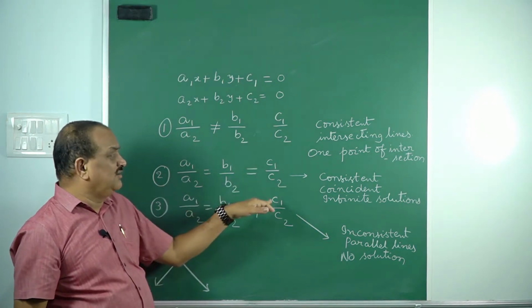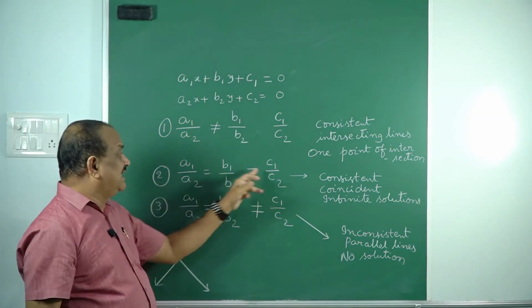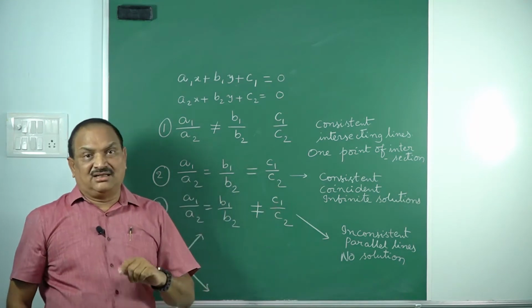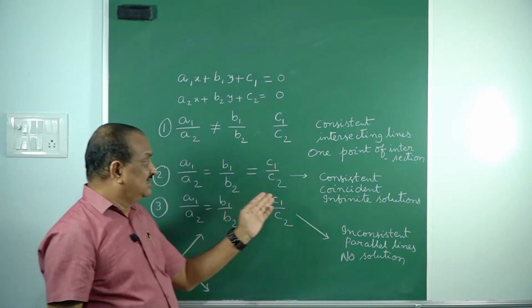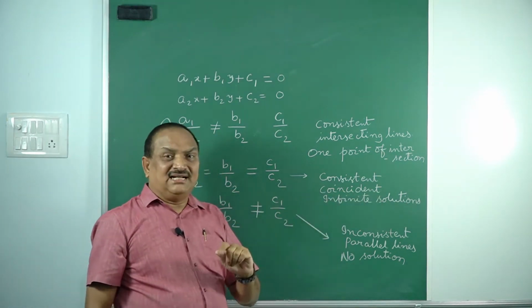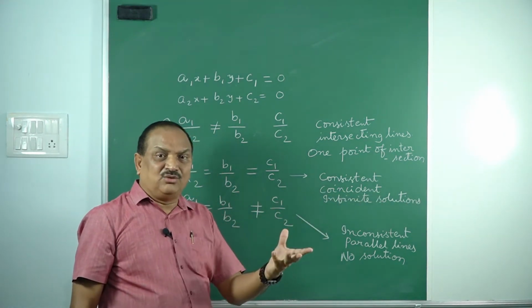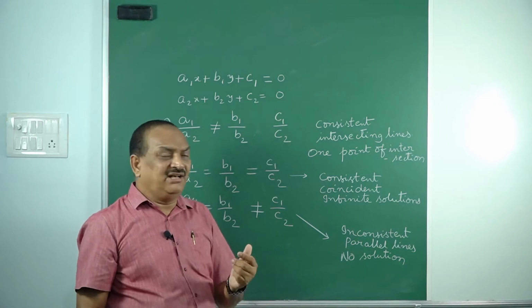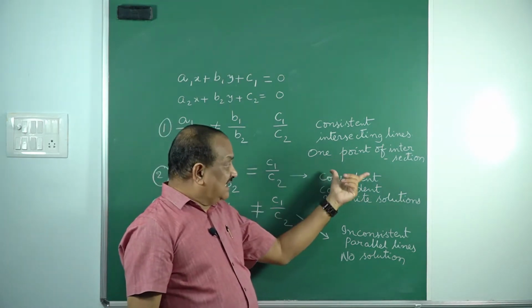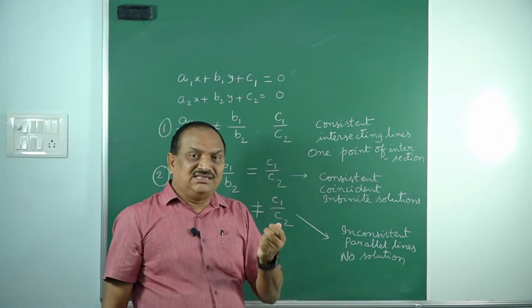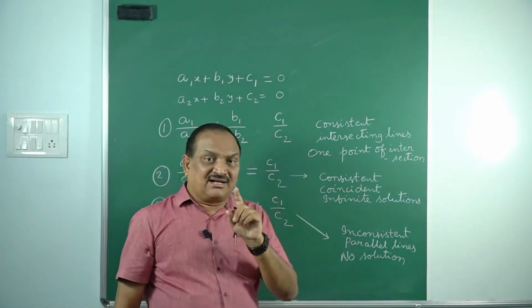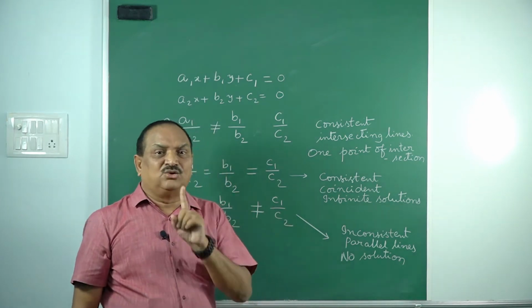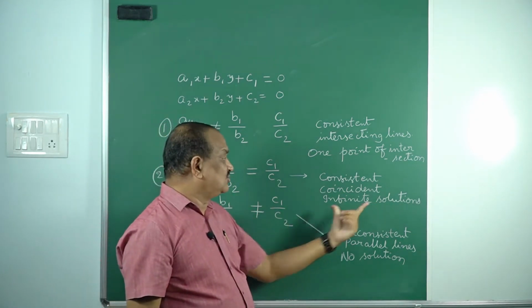If it is also equal to C1 on C2, you are making two statements, but the two statements are not different, it is only one. It means the lines are coincident, there is only one line, you are calling it by two different names, two different equations you have given. Consistent, because there is no change in what you said. But remember, as the lines are not two different lines, it is only one line, you get infinite solutions.